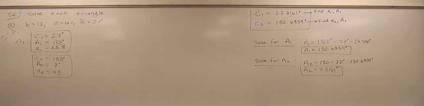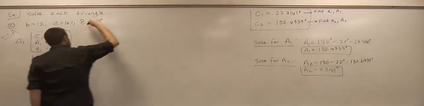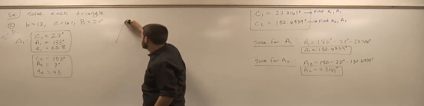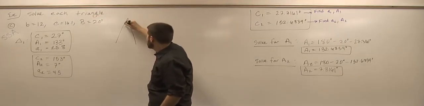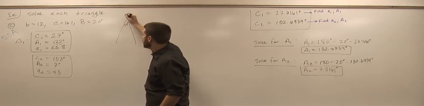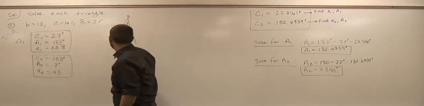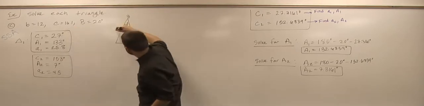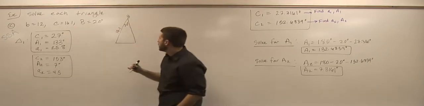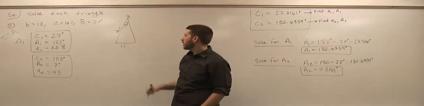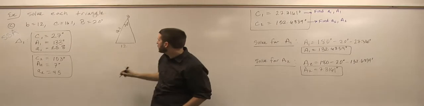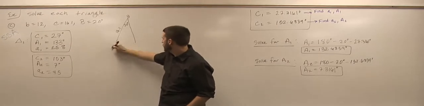Two triangles. So, if you start with an angle of 20 degrees, like this, 20 degrees for your B, and you have an opposite side length of 12, with c being 16.1, one of the possibilities is that A will be 133.